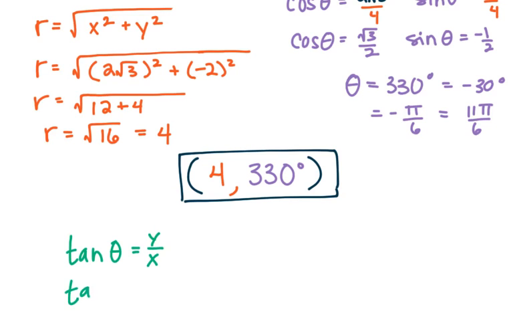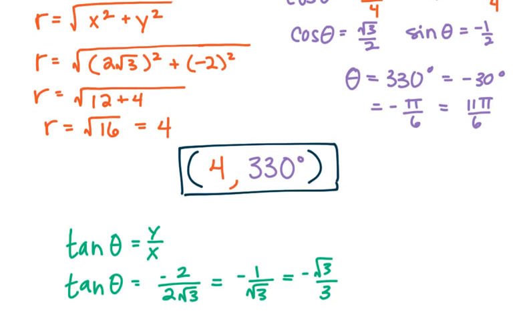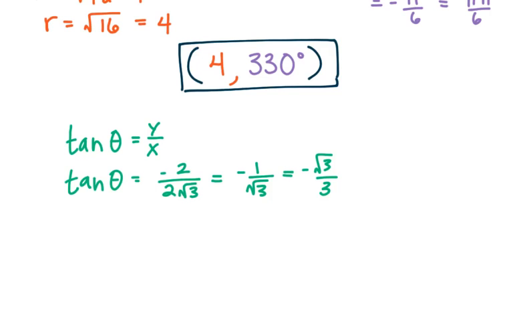So tangent theta in this situation is negative 2 over 2 root 3, which is negative 1 over root 3, or negative root 3 over 3. Now where on the unit circle does tangent theta equal negative root 3 over 3?